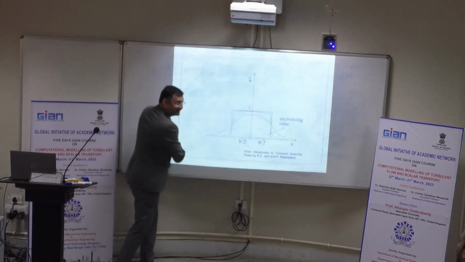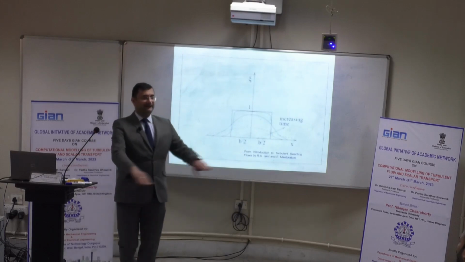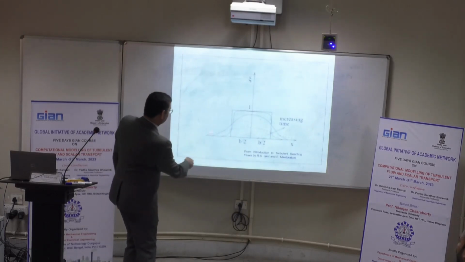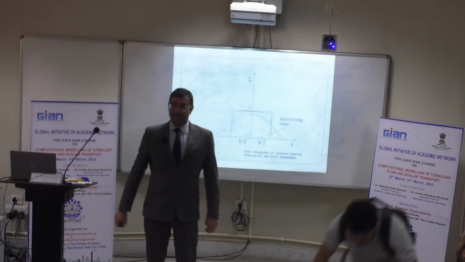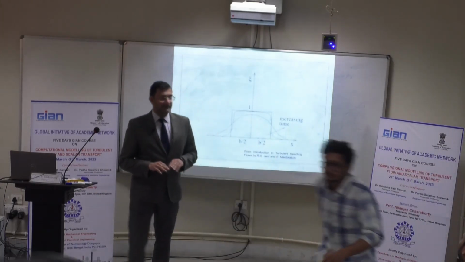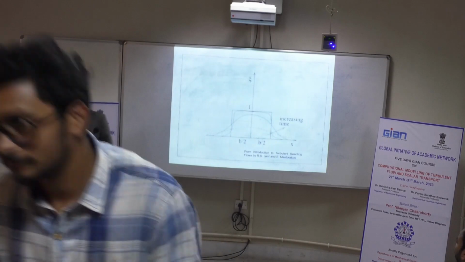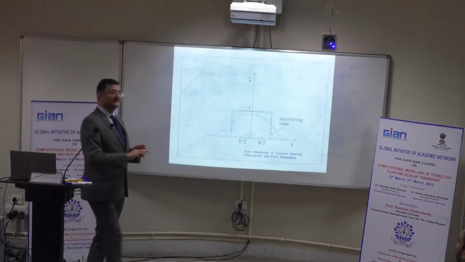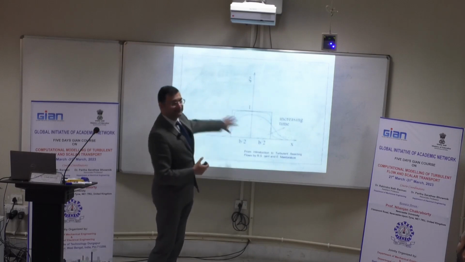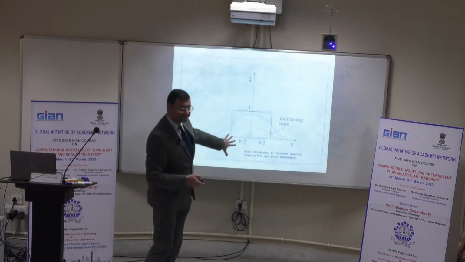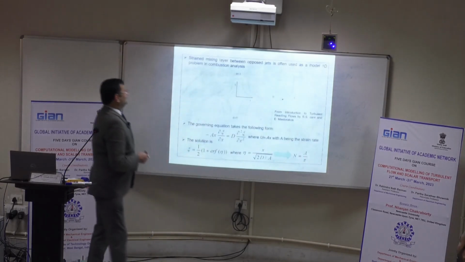The width will increase, and finally you will have a constant throughout when it is fully mixed. Clear? You must have seen similar things in real life, but this is the mathematical description for that.